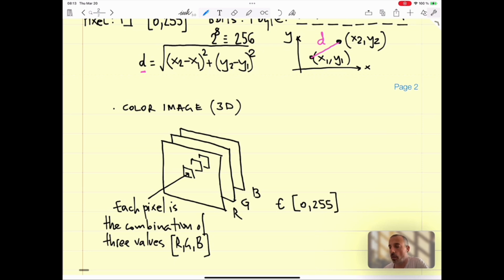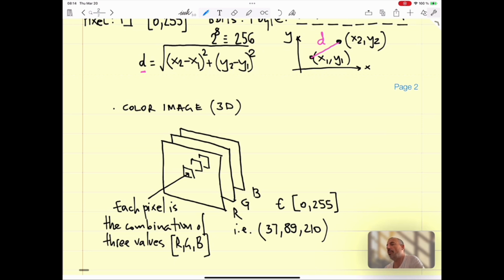So one pixel is defined by 3 values: 37, 89, 210. This gives you a value. Okay, this gives you a color combination.